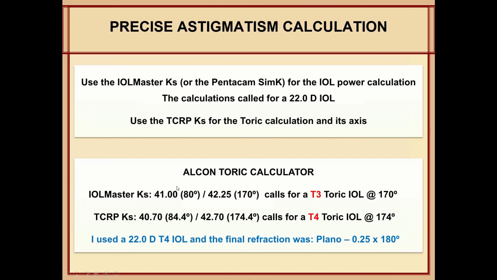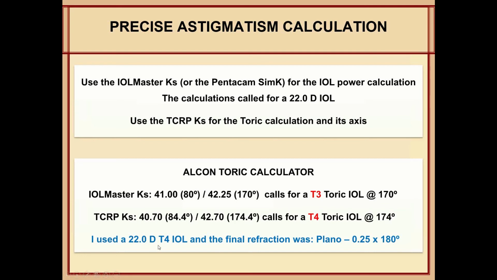Now, had I used the IOL Master K's of 41 and 42.25, and put them in the Alcon toric calculator, it called for a T3 toric at 170 degrees. If I use the total corneal refractive power K's that I found, it called for a T4 toric IOL at 174, very much the same angle.